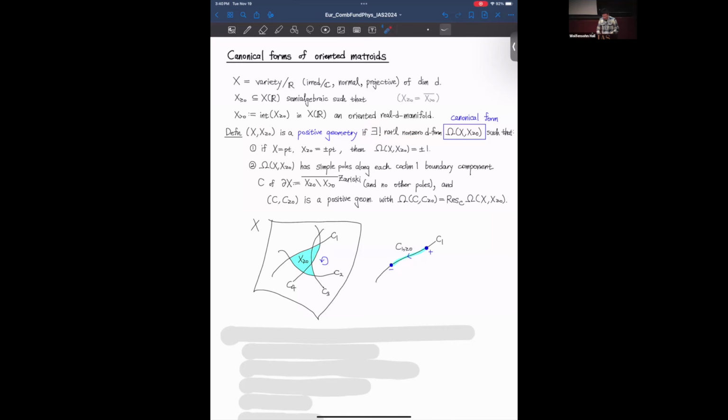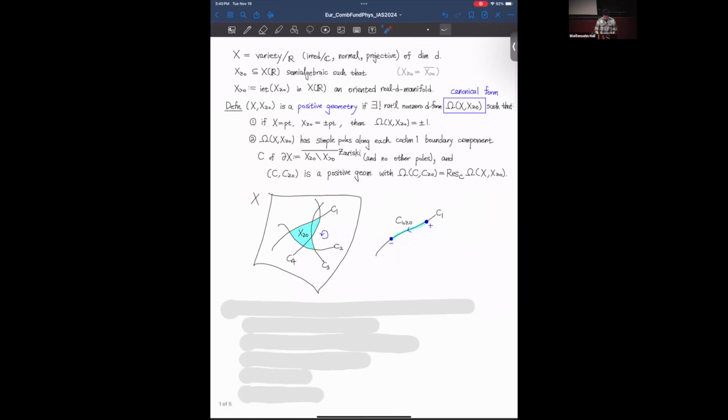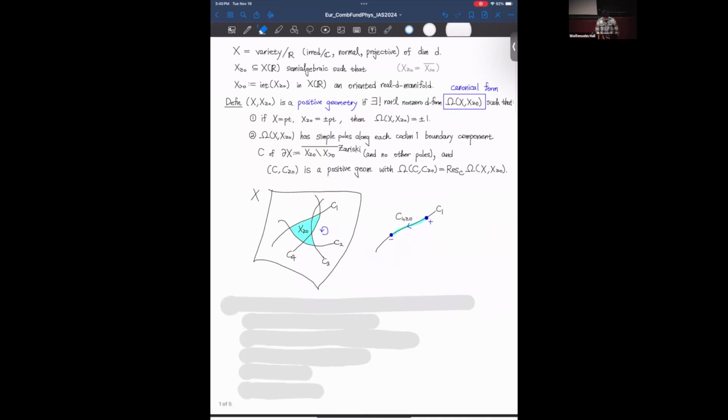Okay, so that's the structure of a positive geometry. And this was introduced in the work that I mentioned by these three authors and further studied in several works, only 2 of which I've included here so far. And many nice varieties with some naturally occurring non-negative regions are positive geometries.